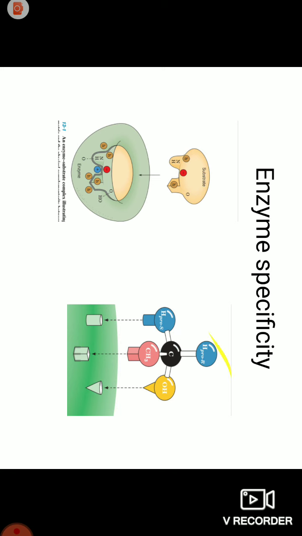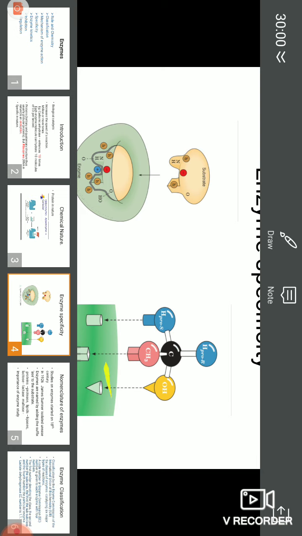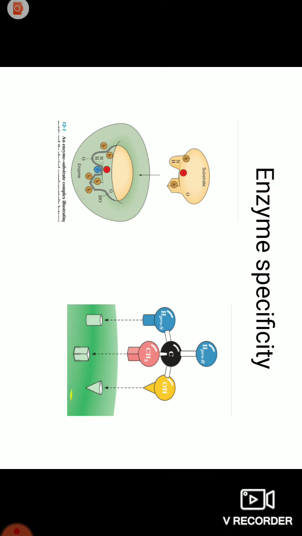So in this picture we can see these are the binding sites on the enzyme. This site will bind to an OH group of the substrate, this will bind to the CH3 of the substrate, and this will bind with another hydrogen.